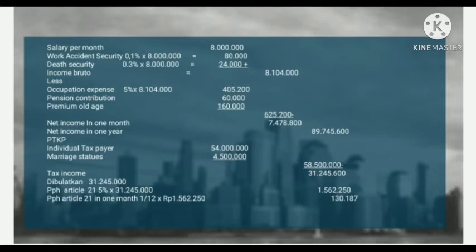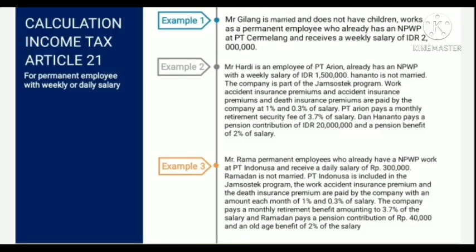But we have to make it 1 month by dividing by 12, and then we get the result. PPh Article 21 in 1 month for example 4 is 130,187 rupiah.